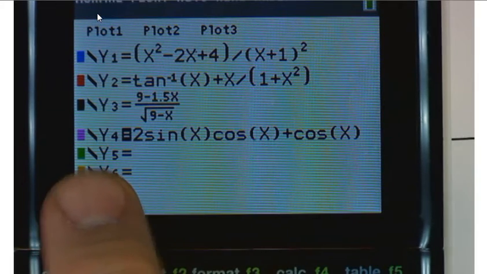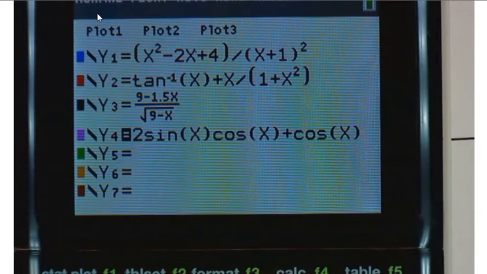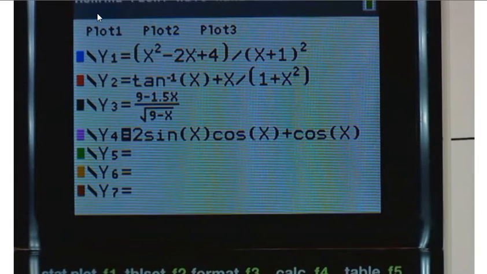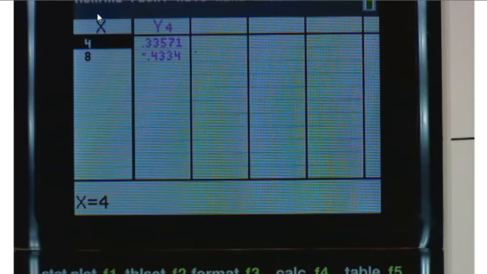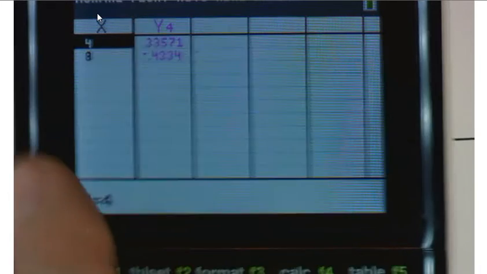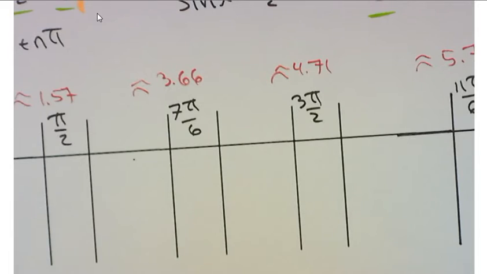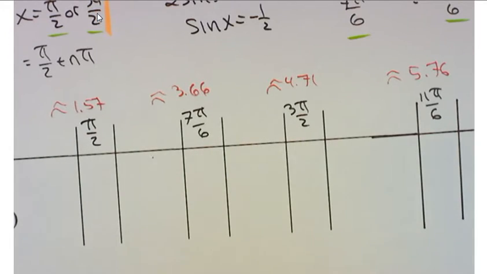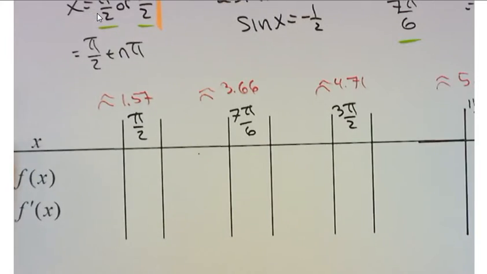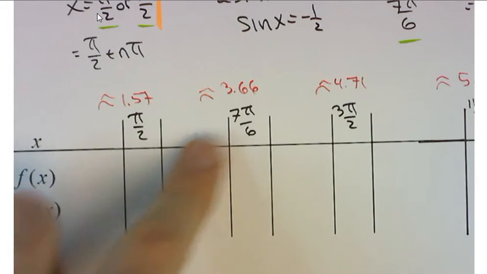So when I do a table, it's going to show up as y4. All these other ones are shut off. Second, and then the graph key gets us to the table. Now let's figure out what values we're going to test. So I need values that are between these.